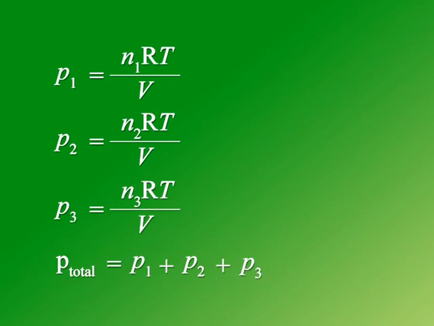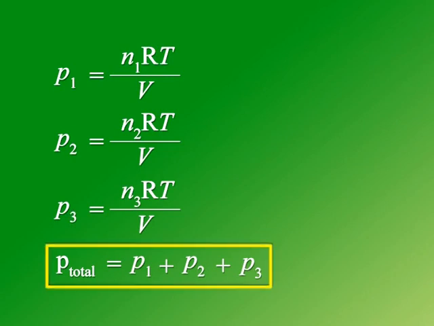That is, P total is equal to P1 plus P2 plus P3.